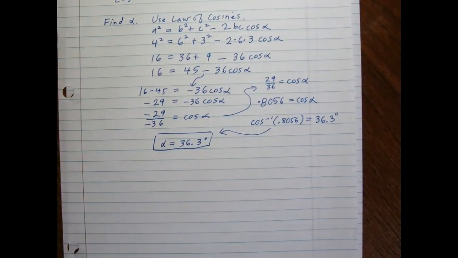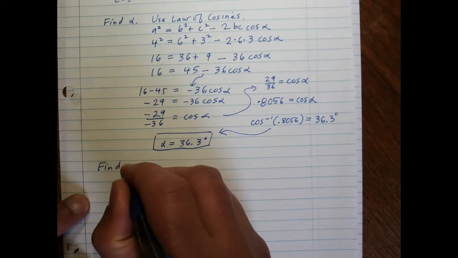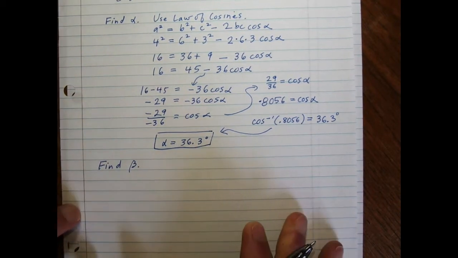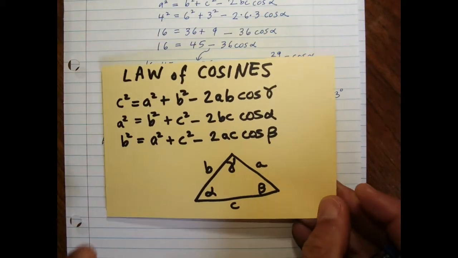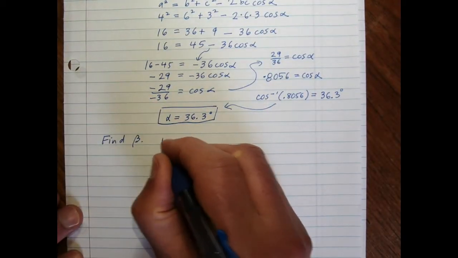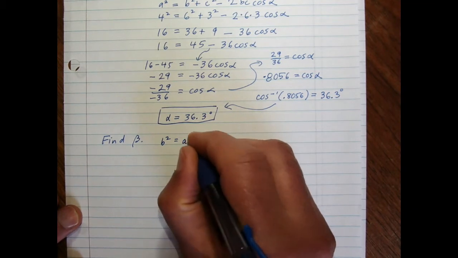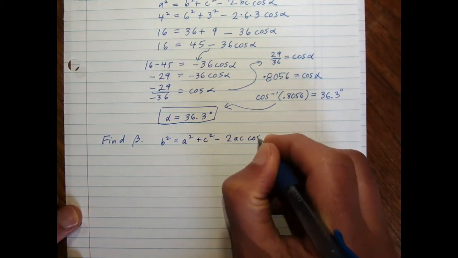Now, let's find beta. We're going to use law of cosines again, with the formula that has a beta in it. So it's the third equation, that starts out b squared equals a squared plus c squared minus 2ac cosine beta.